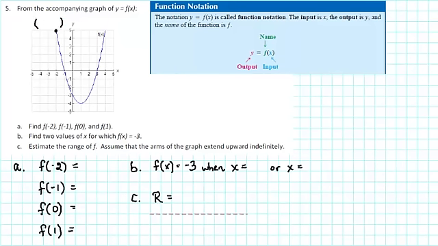Put the x coordinate in blue and the y coordinate in red. The x coordinate is negative 2 and the y coordinate is 5. And I'll go ahead and do that similarly for x is negative 1, 0, and 1.